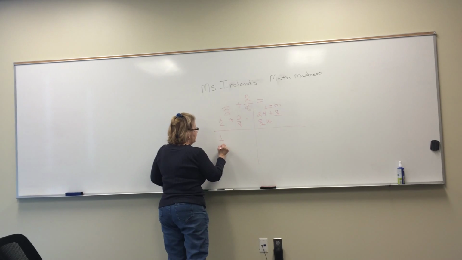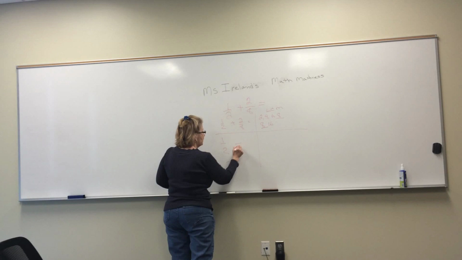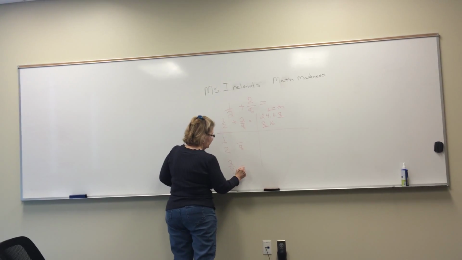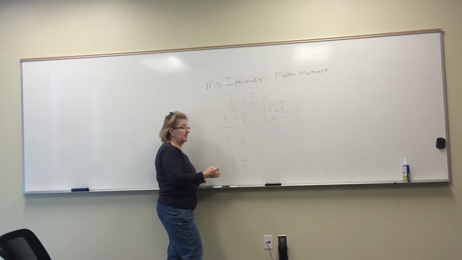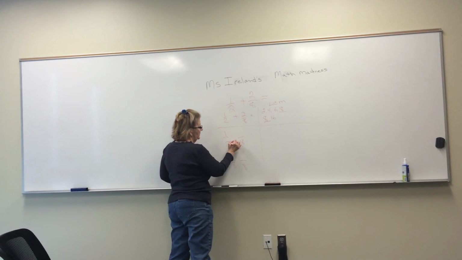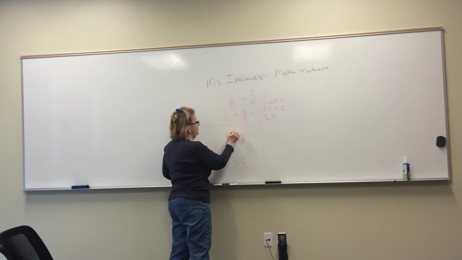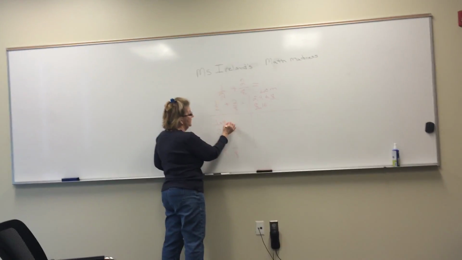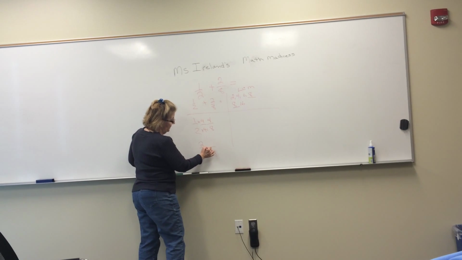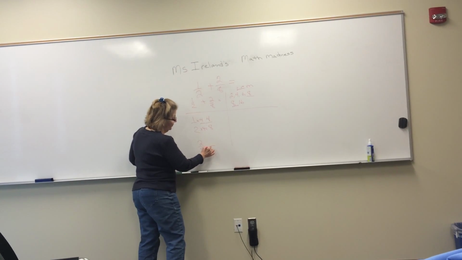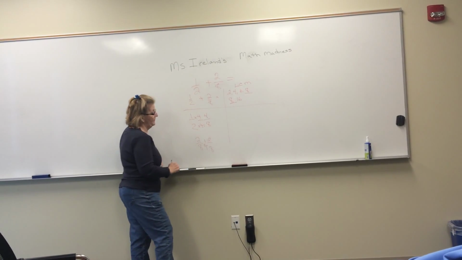So we're going to put 1/2, 2/8, and we said that the least common multiple is 8. So what did we do to this 2 to make it 8? We times it by 4. So what we do to the bottom, we also do to the top. 1 times 4 is 4, and we already have the 8, so we can do the 1 if you want, but we know that we've multiplied 8 by 1, so we're going to do the same thing to the top, so we have the same thing.